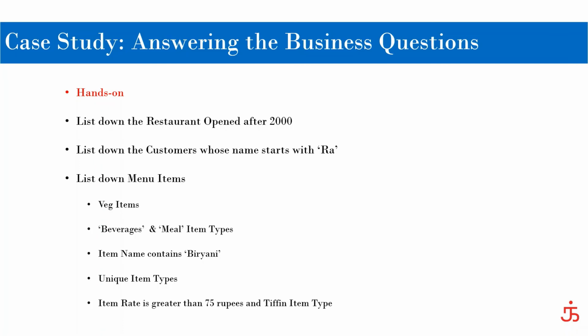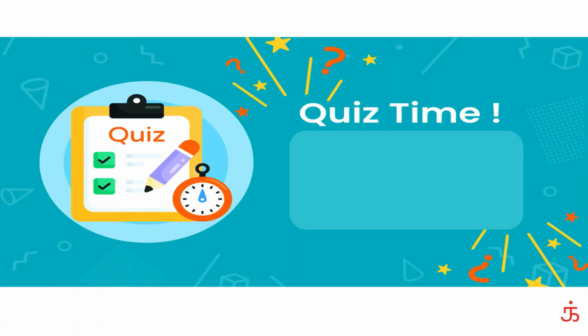Using that, I think we have solved these business questions: listing the restaurants opened after 2000, listing the customers whose name starts with RA, and only veg items, beverages and meal types. Item name contains biryani, unique item types using the DISTINCT statement, item rate greater than 100 rupees or 70 rupees, and item type differ. So all these business questions we have answered.